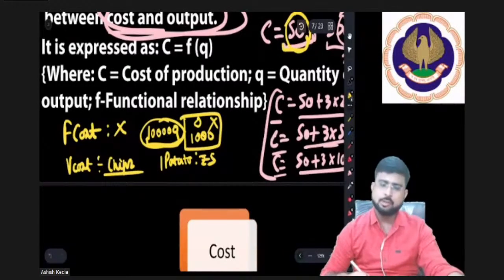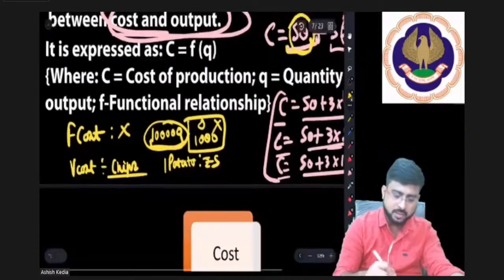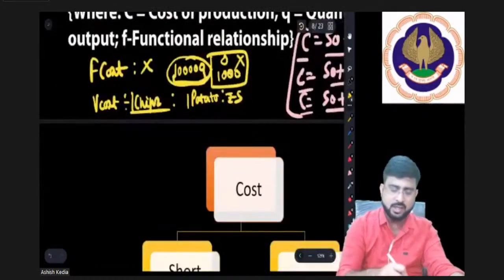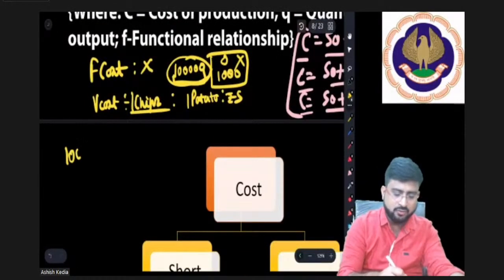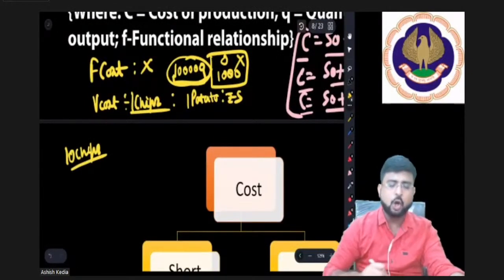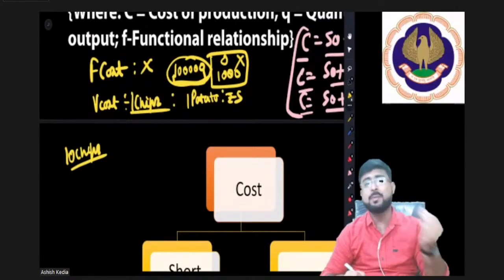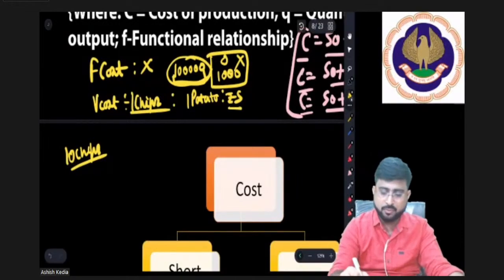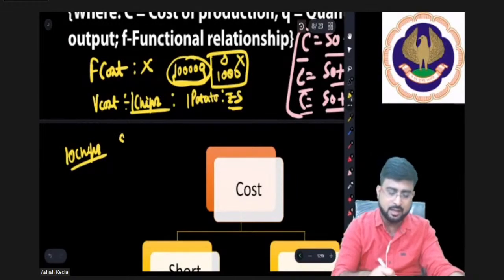So guys, if I manufacture 10 chips packets, how much cost will be incurred on potatoes? Sir, 50 rupees. 5 rupees for one potato and 10 packets, so 10 potatoes, 50 rupees.